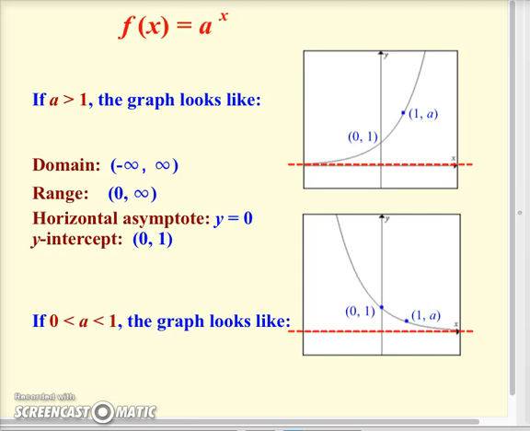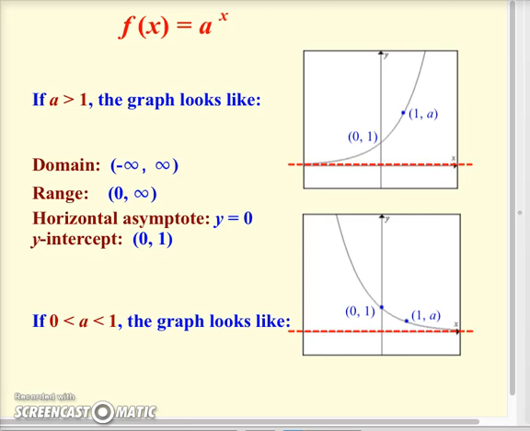Some basic ideas: domain. Domain is all real numbers. You can put in anything for an exponent, so there's no limitations on what an exponent can be. Positive, negative, it can be 0, it can be a fraction, it can be just about anything. The range actually is dependent on the asymptote and where you see your graph. For the most part, 0 to infinity, unless your graph is reflected over the x-axis, which would cause that graph to be below the asymptote, and that would change your range a little bit.